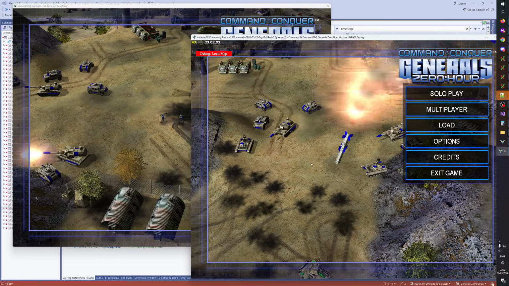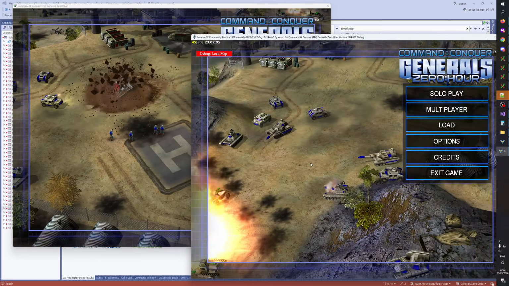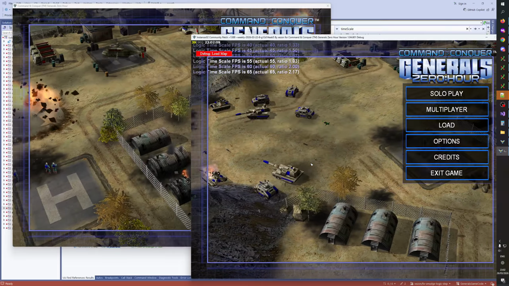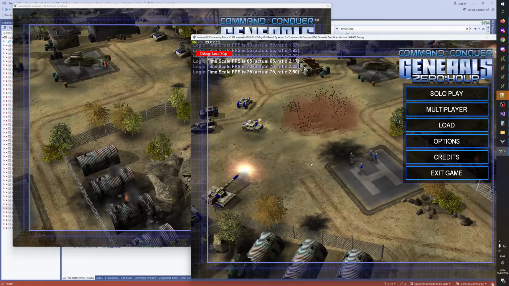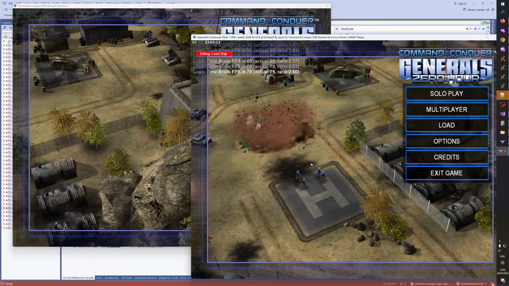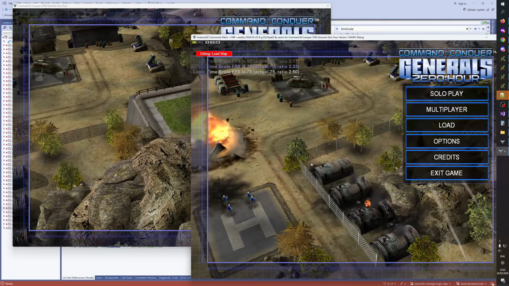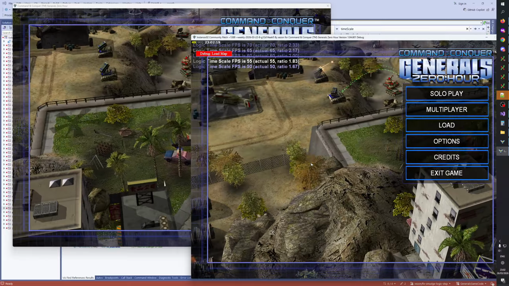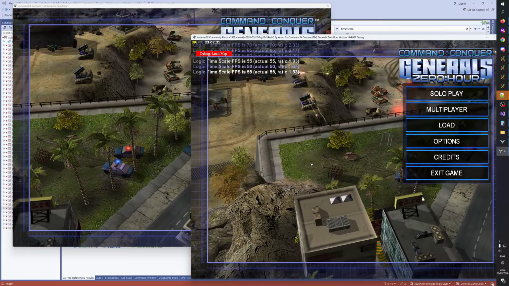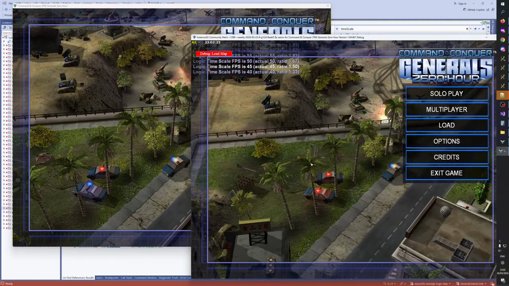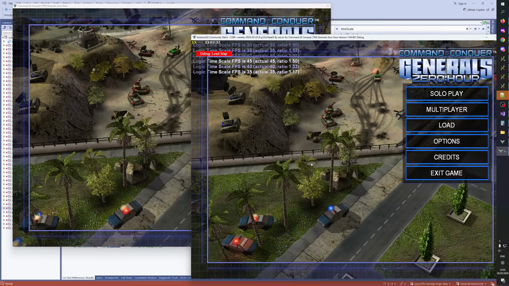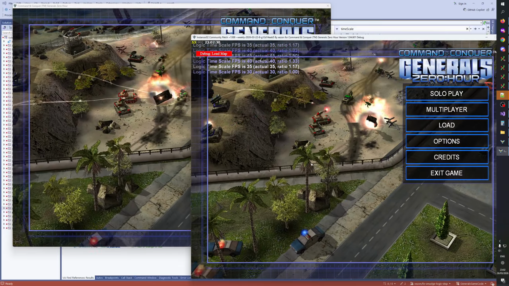Can we get it more in line with each other? Let's see. Speed it up, so catch up. Okay, now they're roundabout identical.